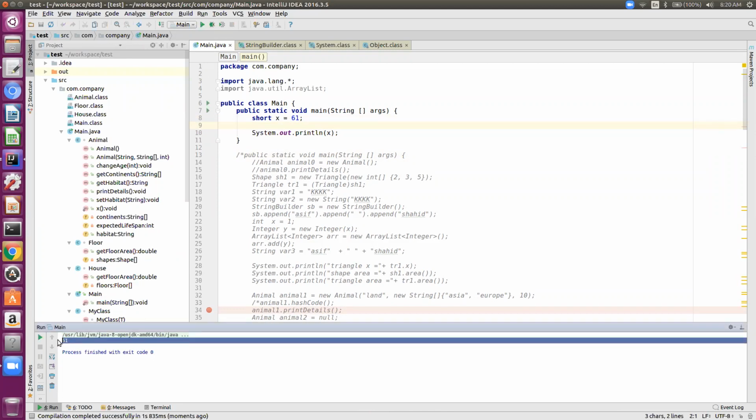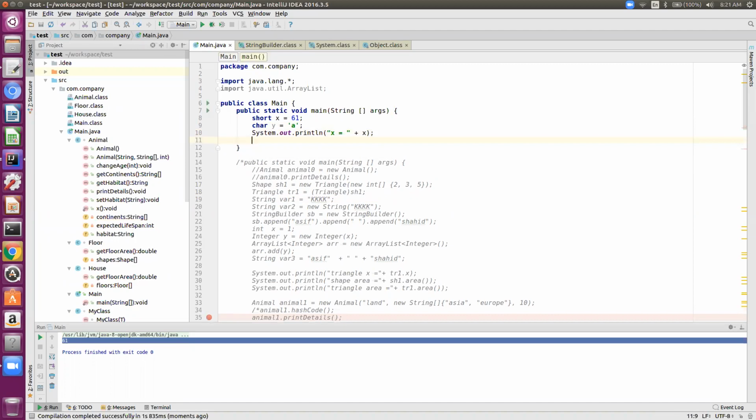Now let me write char y. I cannot declare the same variable again. I will print x equal to its value, and print y equal to whatever is its value.